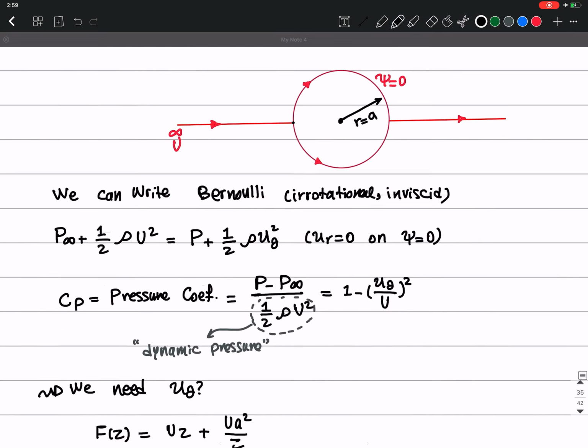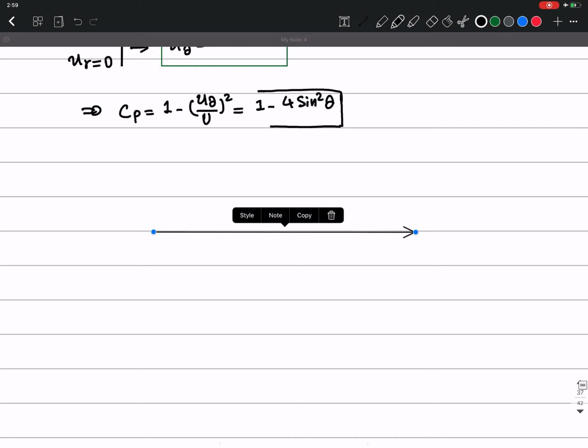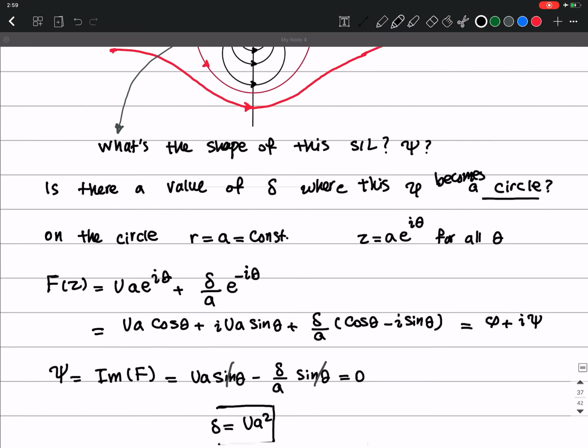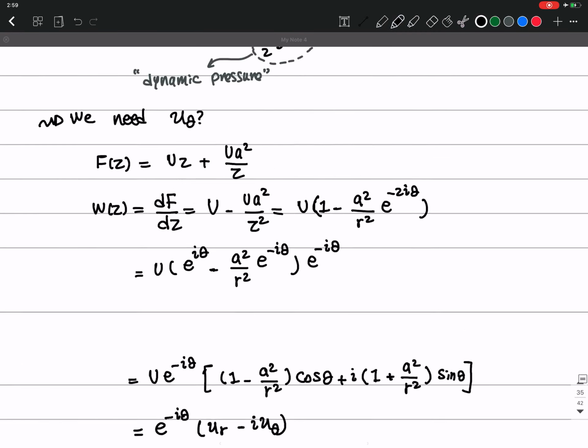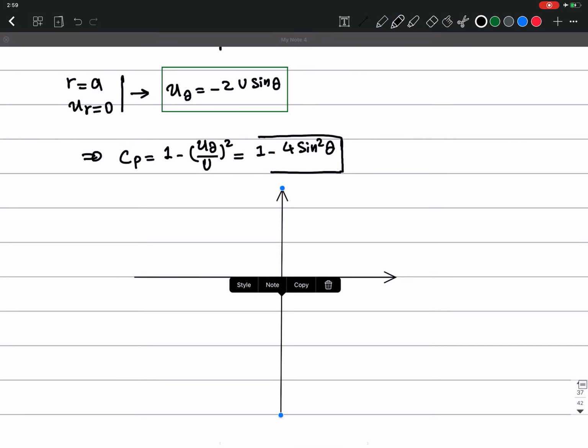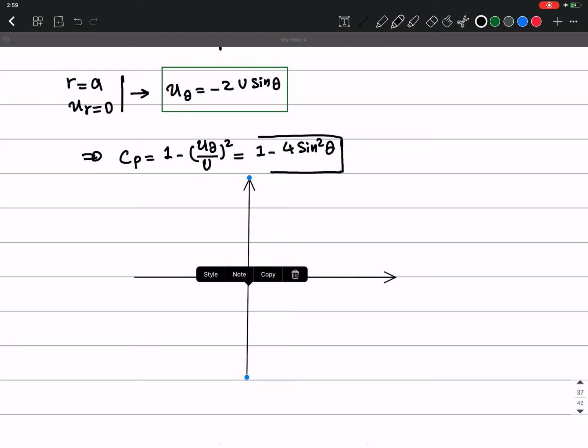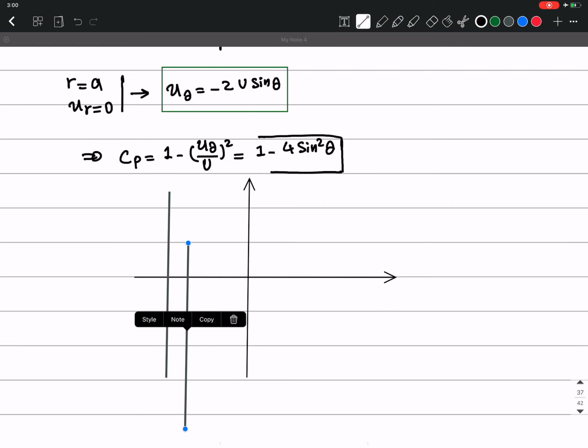So let me copy this. So say we start from left to right.